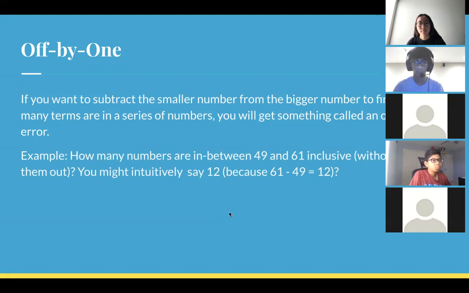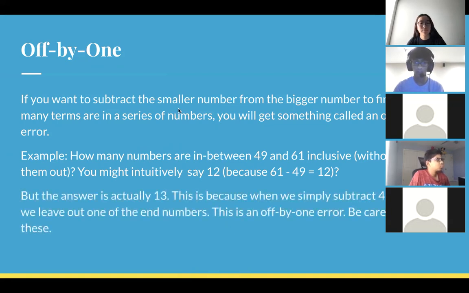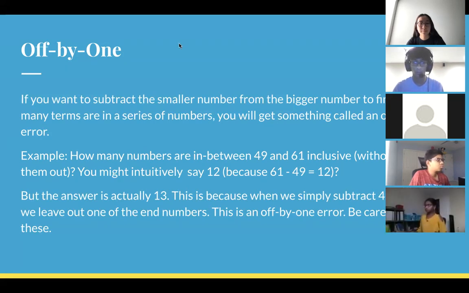How many numbers are in between 49 and 61? The answer here is going to be 13. If you count, 61 minus 49 is 12, but that's going to be off by 1.